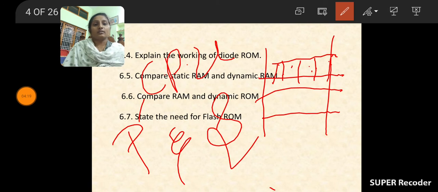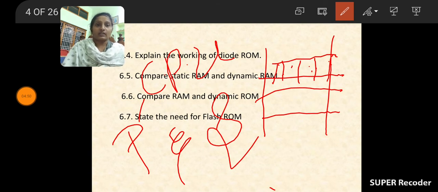Coming to secondary memory, the examples are hard disk drives. Those memories are externally connected to the computer and are called secondary memories. If the memory is located inside the computer and is directly accessed by the CPU, that memory is called primary memory or main memory.